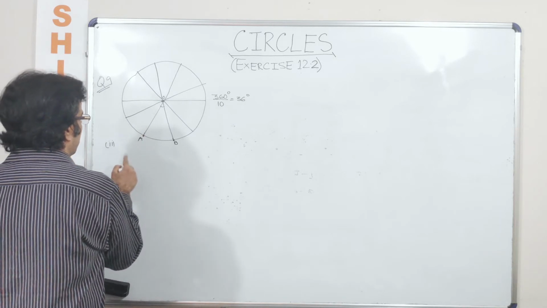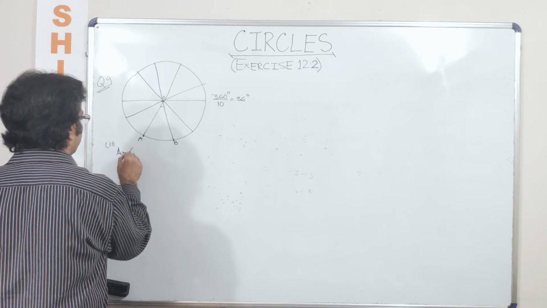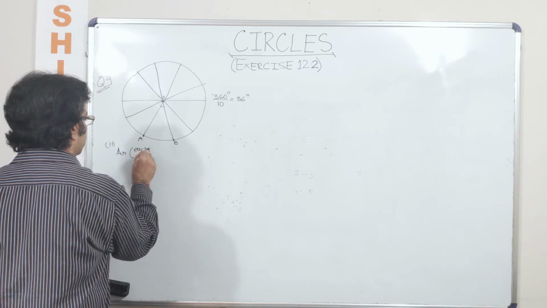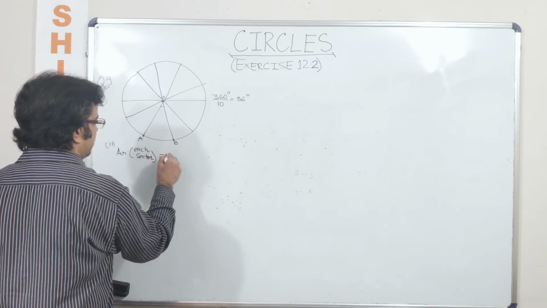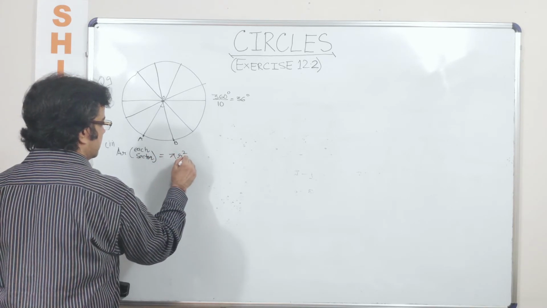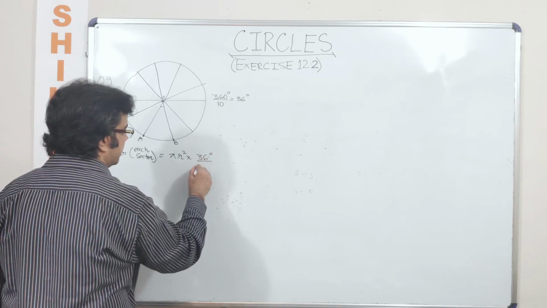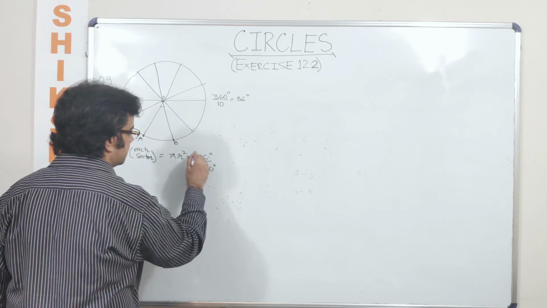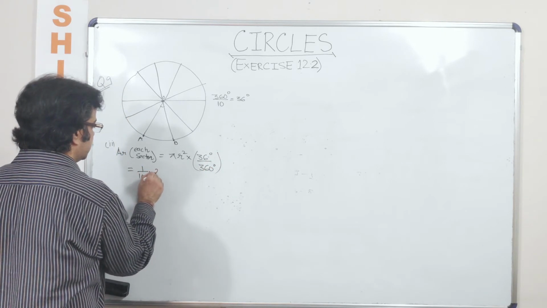So the area of each sector formed will be how much? It will be pi r square into 36 degrees divided by 360 degrees, which is just like saying 1/10 of the area of the circle.